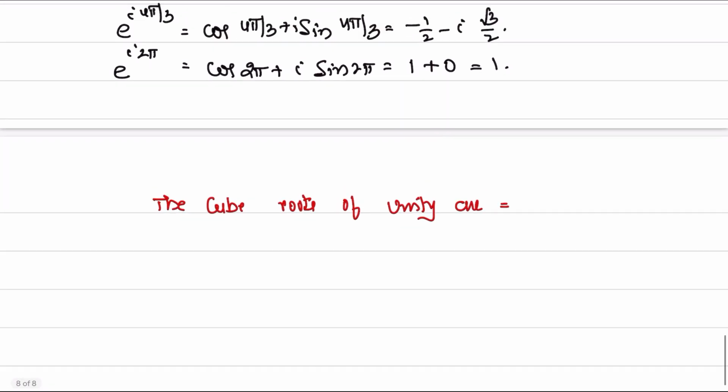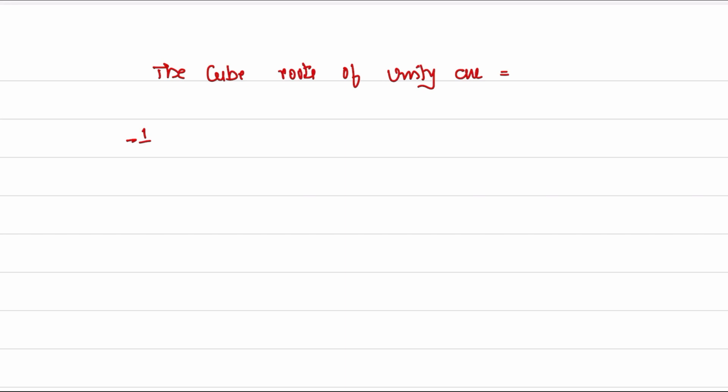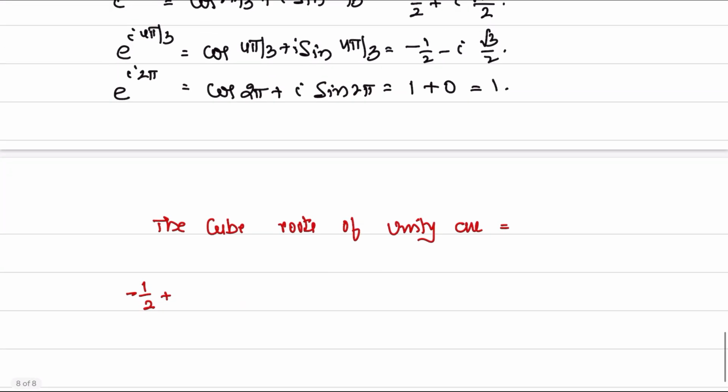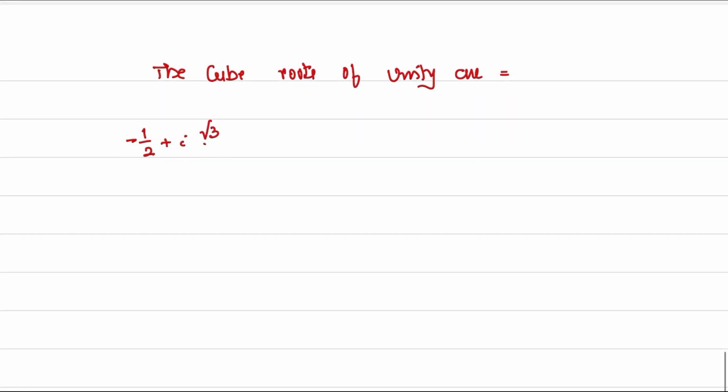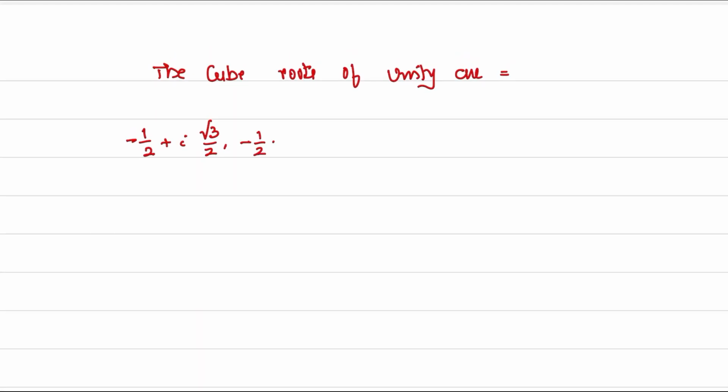That means ultimately the cube roots of unity are minus half plus i into root 3 by 2, minus half minus i into root 3 by 2, and another is 1.